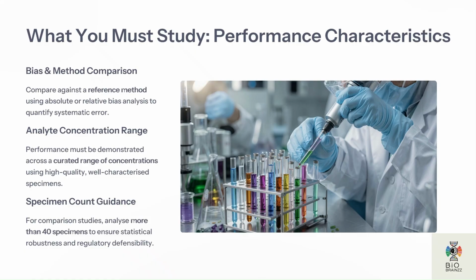Validation involves evaluating several performance characteristics. One important characteristic is bias. Bias measures systematic errors by comparing results against a reference method or accepted standards. Another characteristic is the analyte concentration range. Performance must be demonstrated across the entire concentration range expected during routine testing. This ensures the method works equally well at low, medium, and high concentrations.